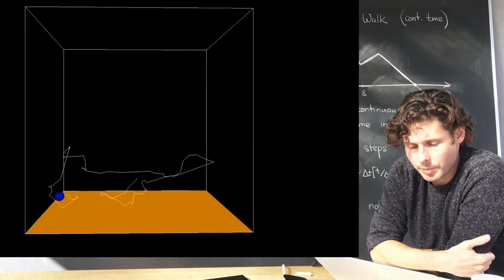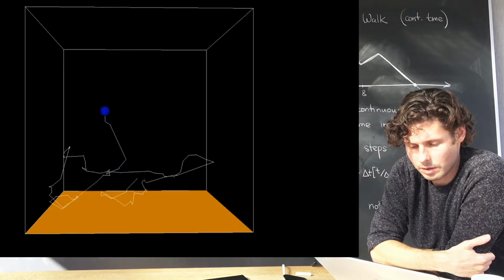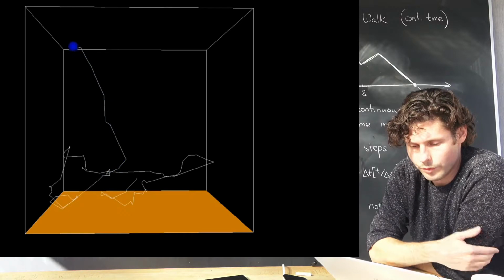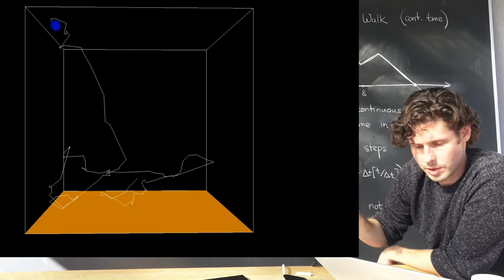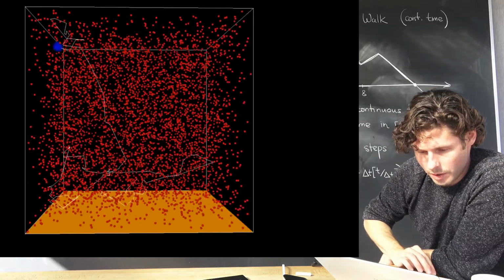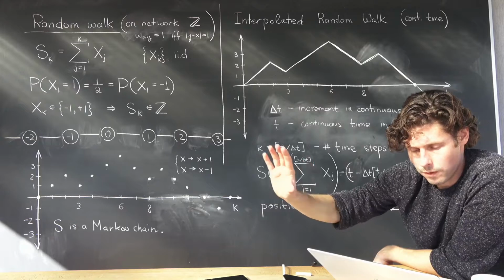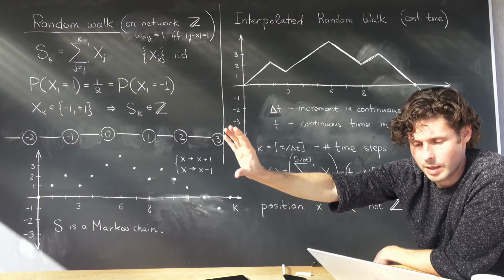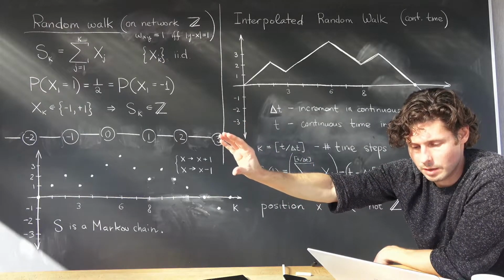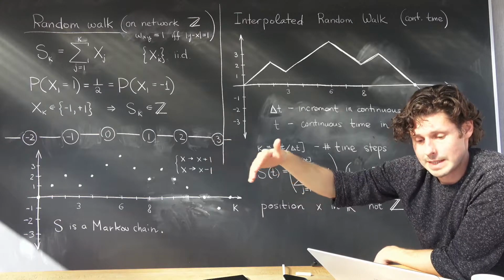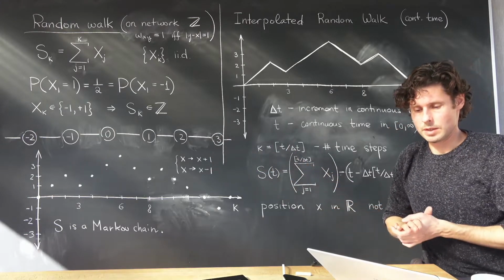And the second thing is that the position of this particle is clearly not moving on an integer lattice, right? It's not moving in these giant increments. Its path seems to be continuous. And so our job here is going to be to move from this discrete time, discrete space Markov chain model over to continuous time and continuous space.